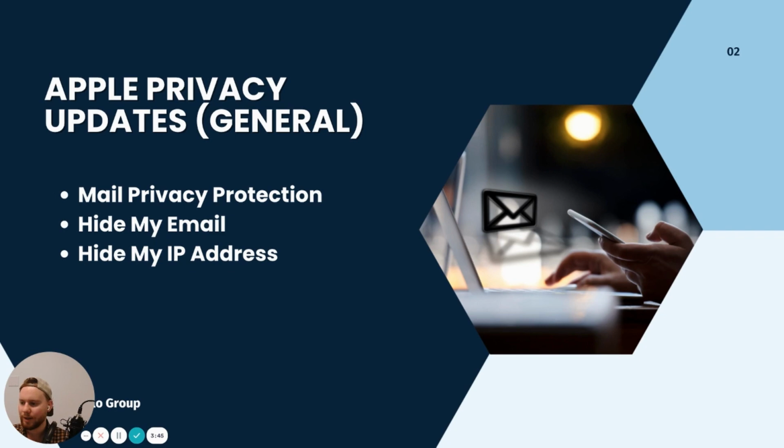So for instance, what we've seen in beta testing, and what ESPs have seen in beta testing, is that if an email is delivered to an Apple Mail client inbox, seconds or shortly after, you'll see a corresponding open event, which means that regardless of what the end user's action was, the open event that took place was actually what we're calling a machine open, so an automatic open, because it was prefetched by this relay that Apple is doing within the Apple Mail app to create an open event that we then interpret as, oh, someone just opened our email, while the reality is the end user might not even have interacted with it.